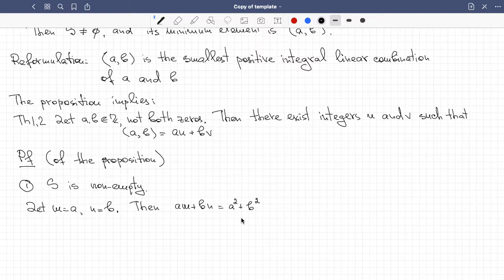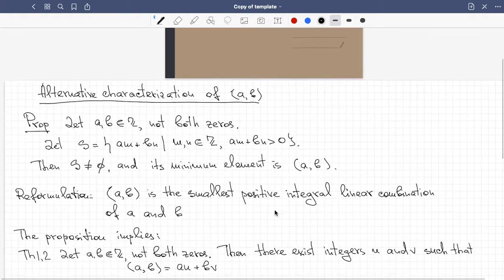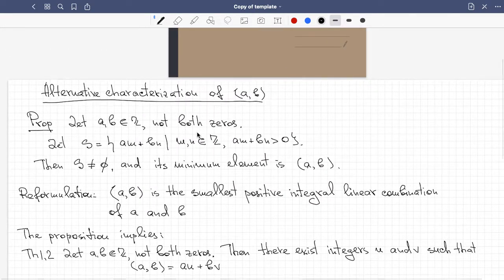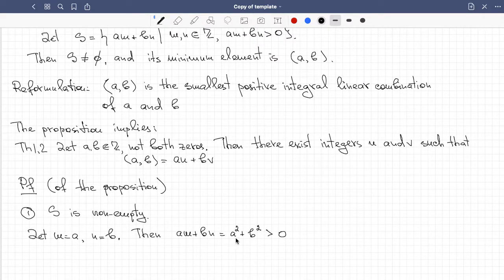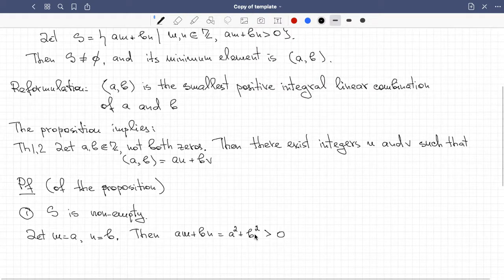That is, of course, bigger or equal than 0 because A squared is bigger or equal than 0 and B squared is bigger or equal than 0, but actually it is strictly positive because we assumed that A and B are not both zeros. A squared is 0 only when A is 0, B squared is 0 only when B is 0, so the sum is 0 only when both of them are zeros.